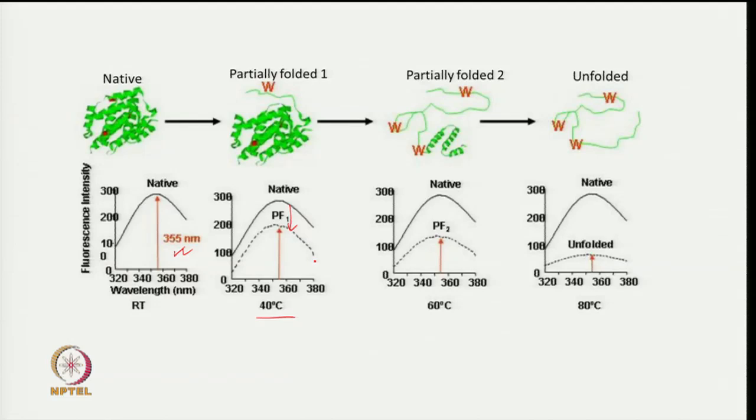If it goes to this partially folded state, where the tryptophan is less exposed comparatively to the unfolded state, and more exposed comparatively to the native state, there is further decrease, and in the unfolded form you see there is a large decrease of fluorescence intensity.